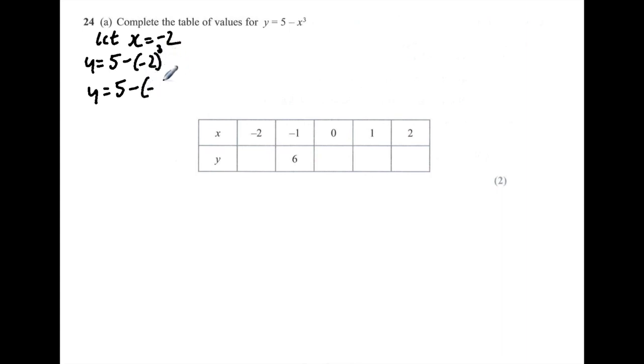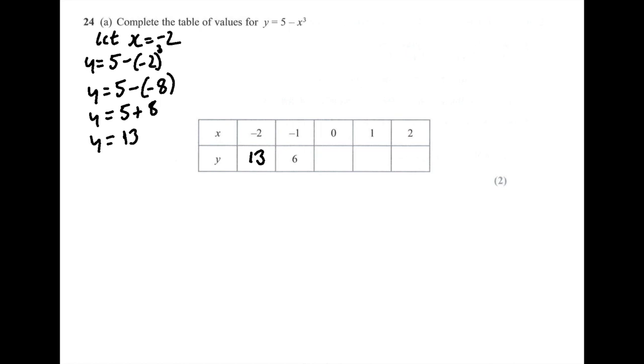Minus 2 cubed is minus 8. So y is equal to 5 minus minus 8, which is plus 8. Y is therefore equal to 13. So our first value is 13, and I'm going to put 13 over here.